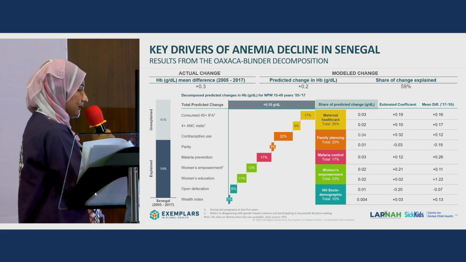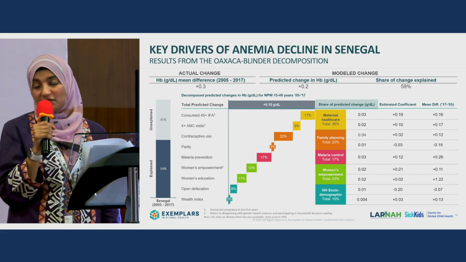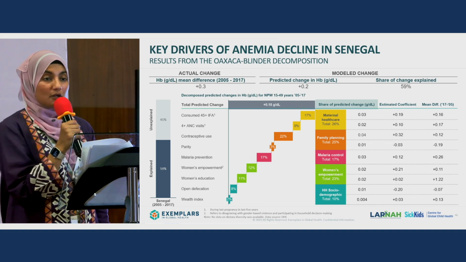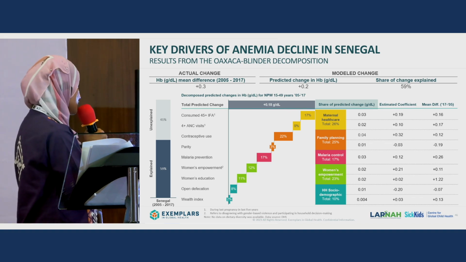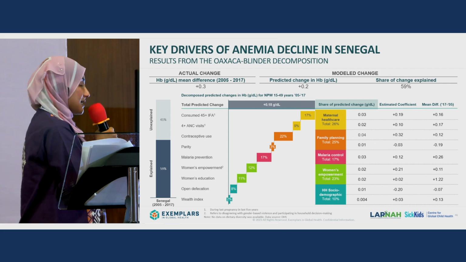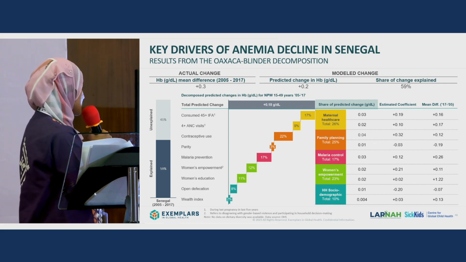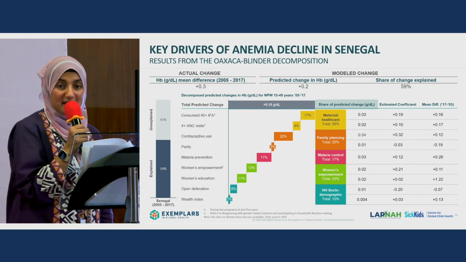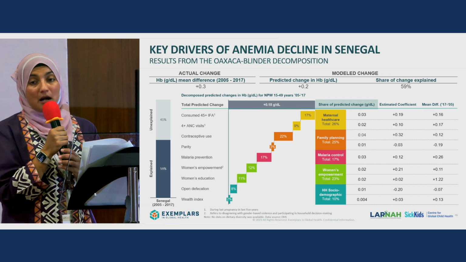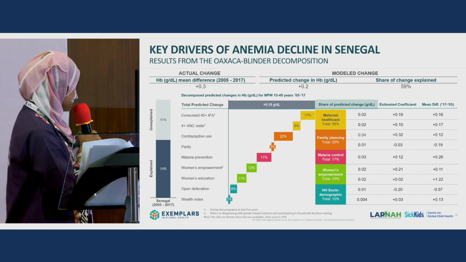This was followed very closely by improvements in indicators of family planning, which were an increase in the use of modern contraception, as well as a decrease in parity. And last but not least was the impact of malaria prevention programs, including bed net use and IPTp during last pregnancy.